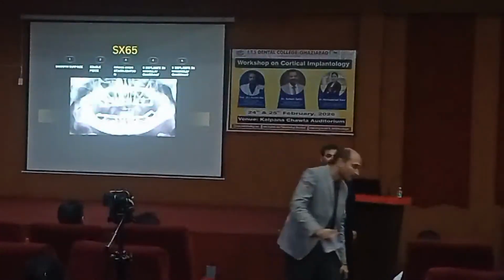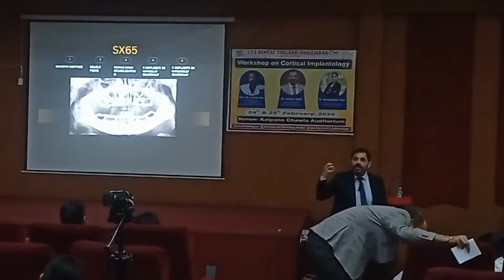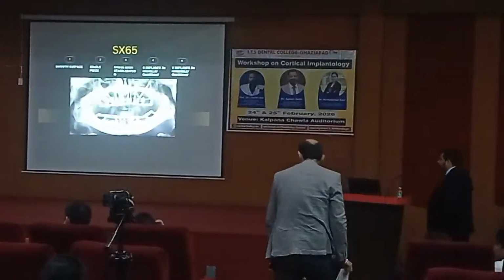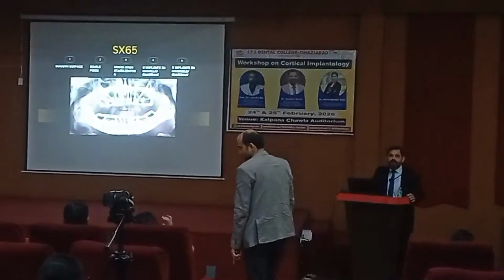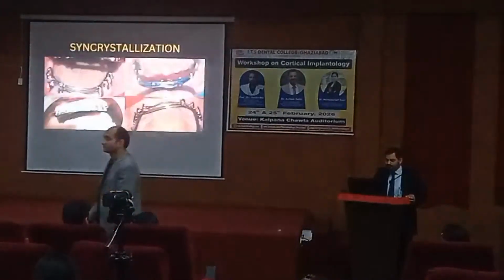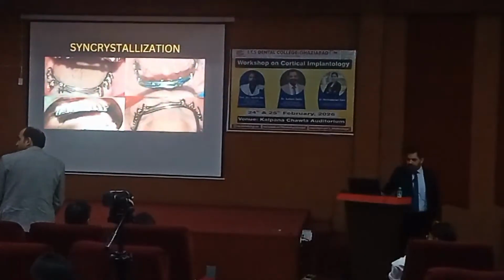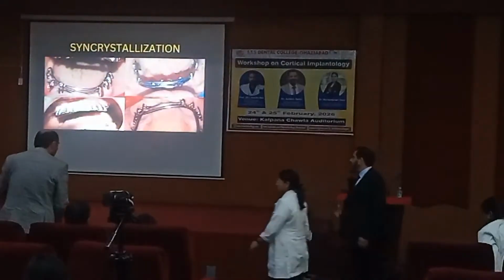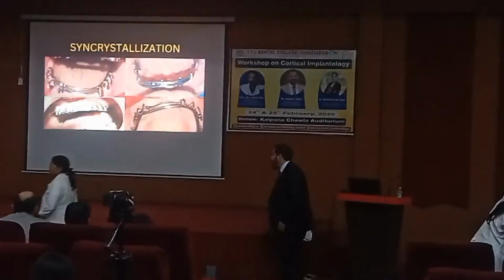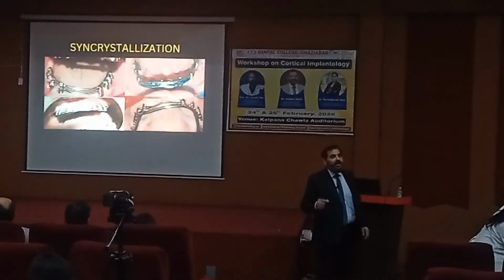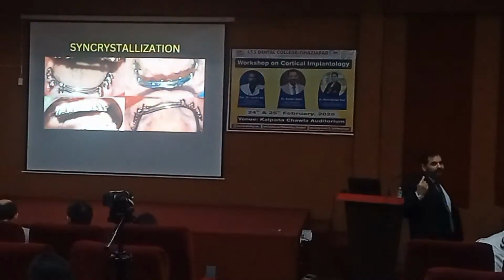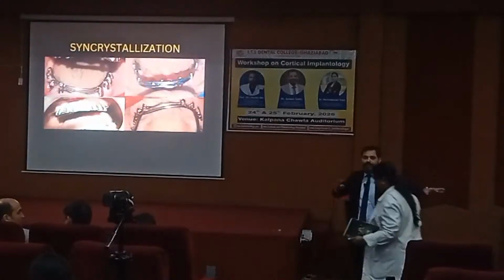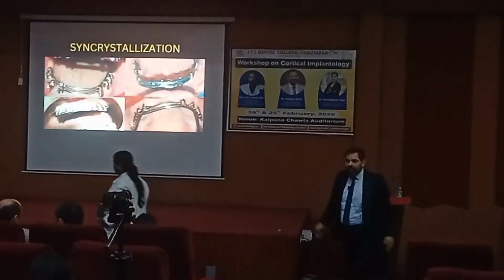So you made the whole framework immediately and rigidly splinted all the implants immediately. Yes, understood? Can you see this? This is called rigid splinting, where you tied up all the implants together and joined them, and this will act as a framework where not even a single implant will move, because every implant is placed in a different direction.